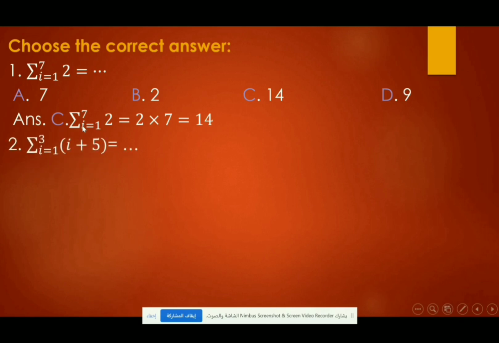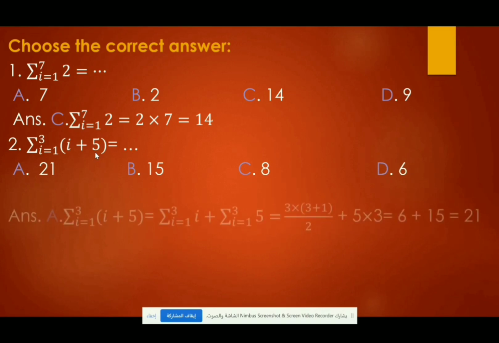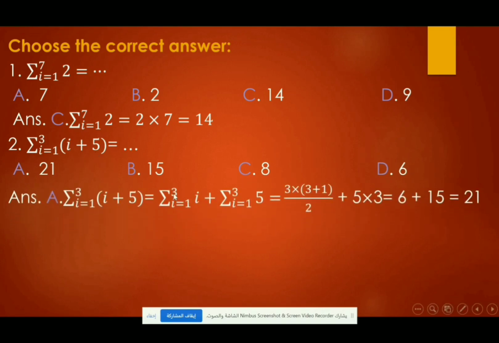Number 2, summation of i equals 1 till 3 of i plus 5 equals what? The way to calculate this is by using property number 3, which tells you that if you have addition or subtraction, the summation can be distributed to each term.